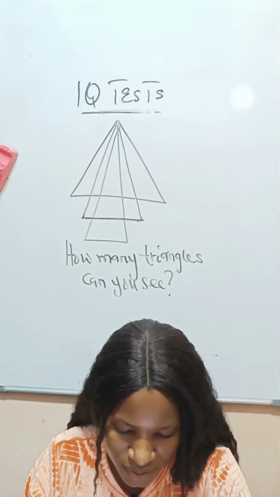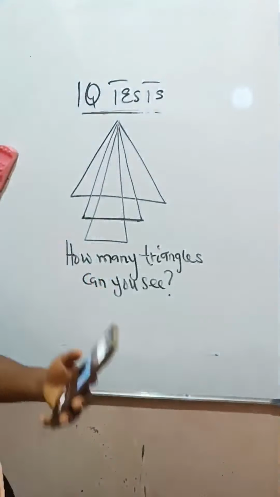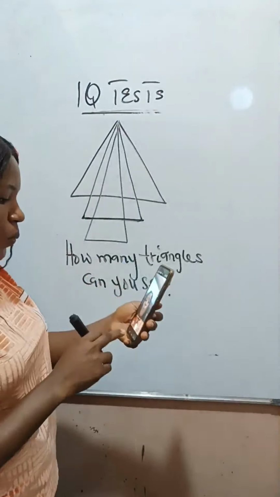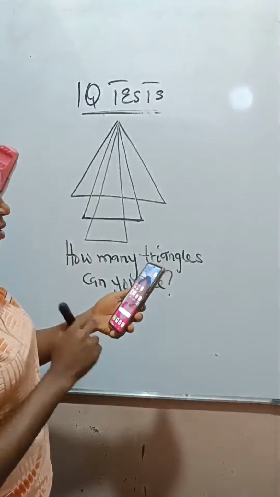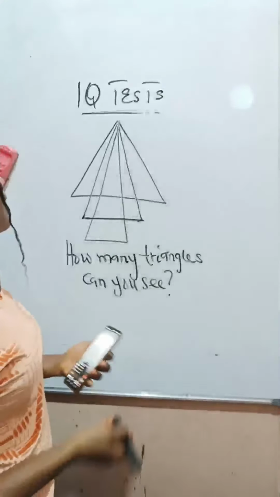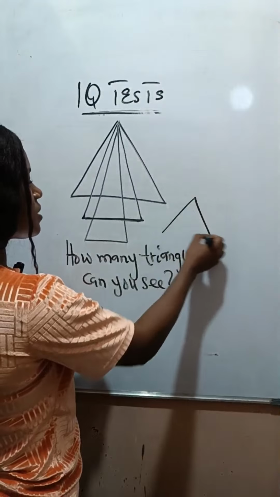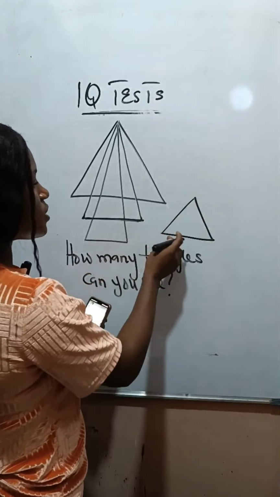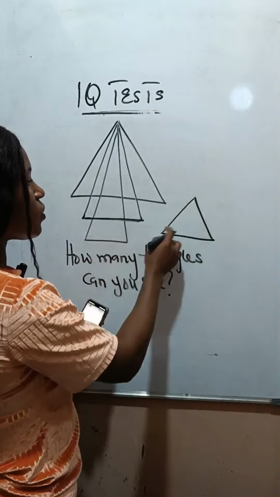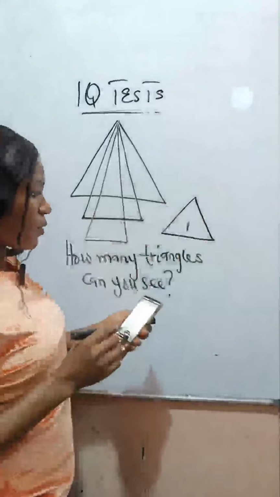Now, first things first. When you see a triangle in this form, I want us to start with a smaller one. This triangle is 1 because we have only one space we are seeing. So we have only one triangle here.